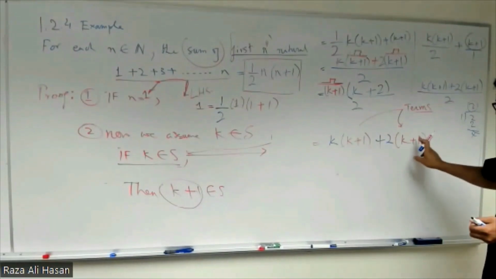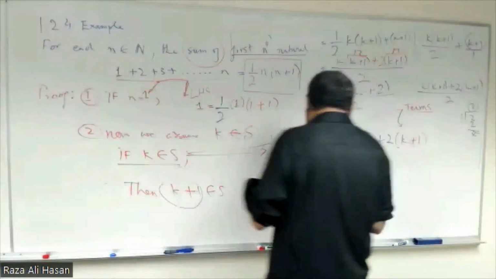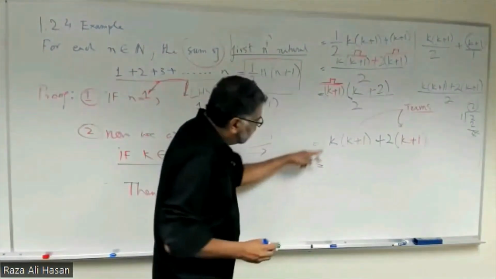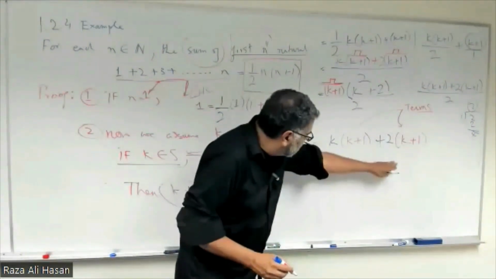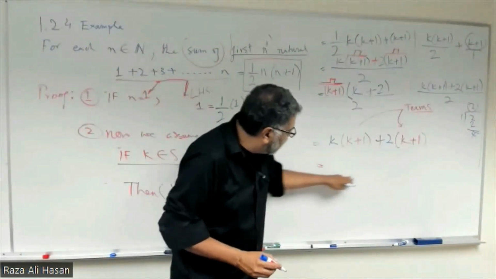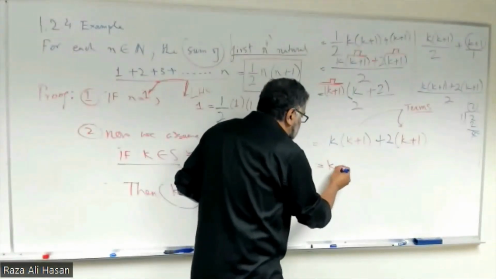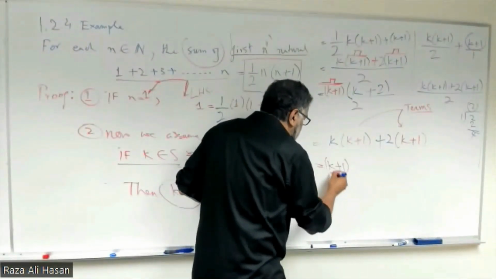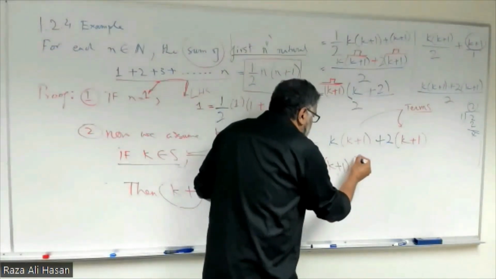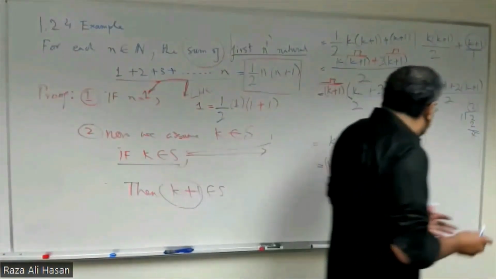Okay, so I'm going to pull this out, and it will still be equal. This expression that we're going to have will be identical to this one. So I'm going to take k plus 1 out, and now I'm going to use the square bracket.